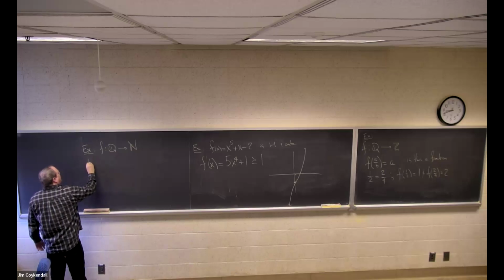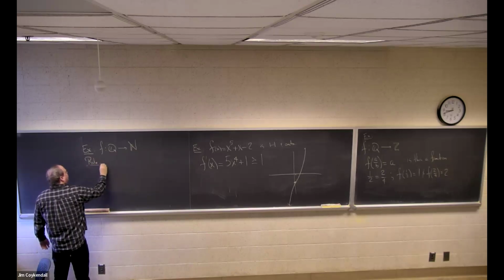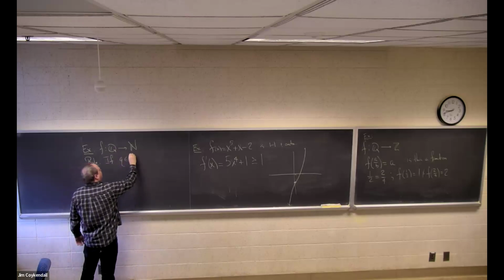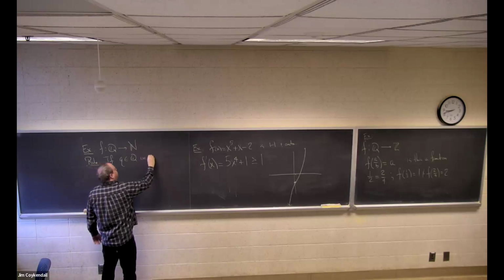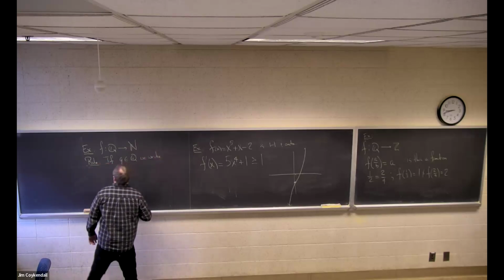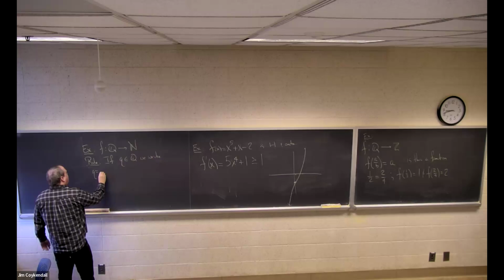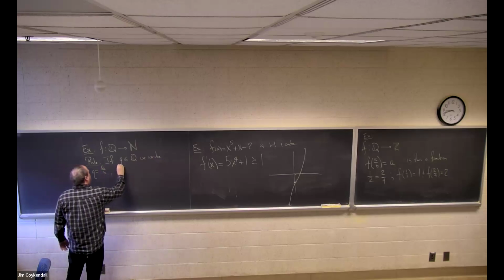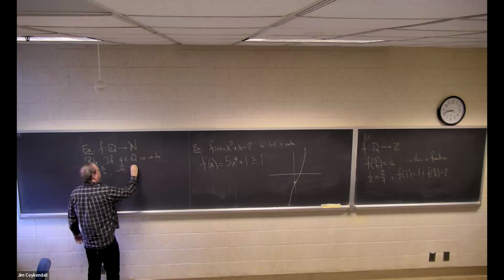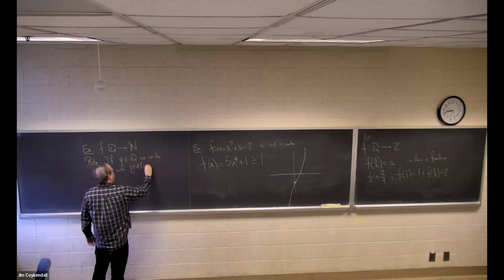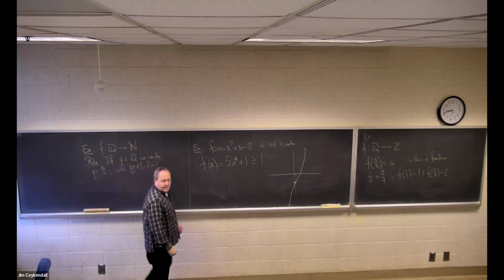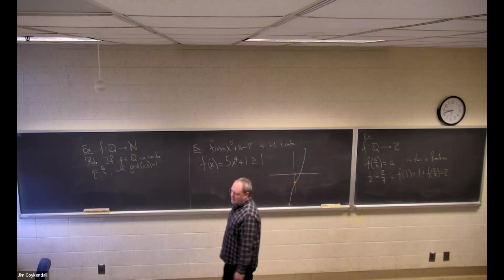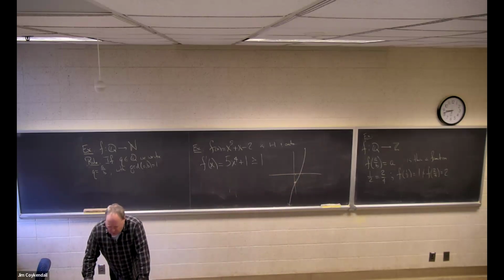So here's my rule. If q is in the rational numbers, we write q equals a over b, with gcd of a and b equals 1.